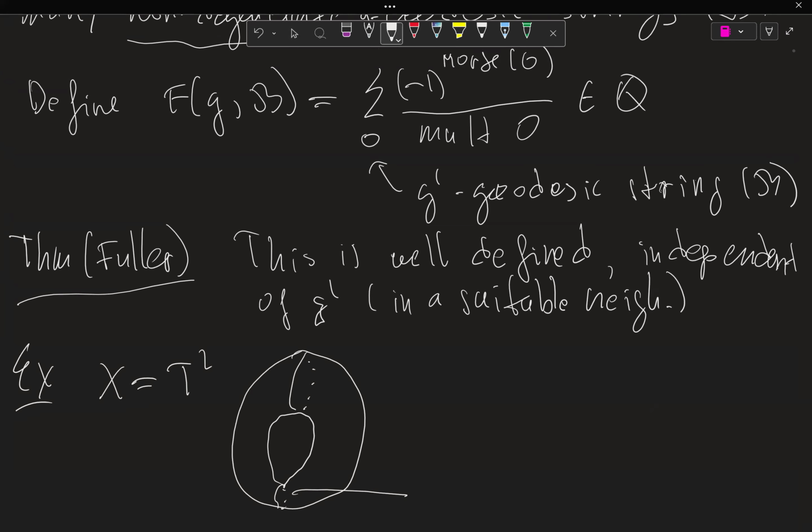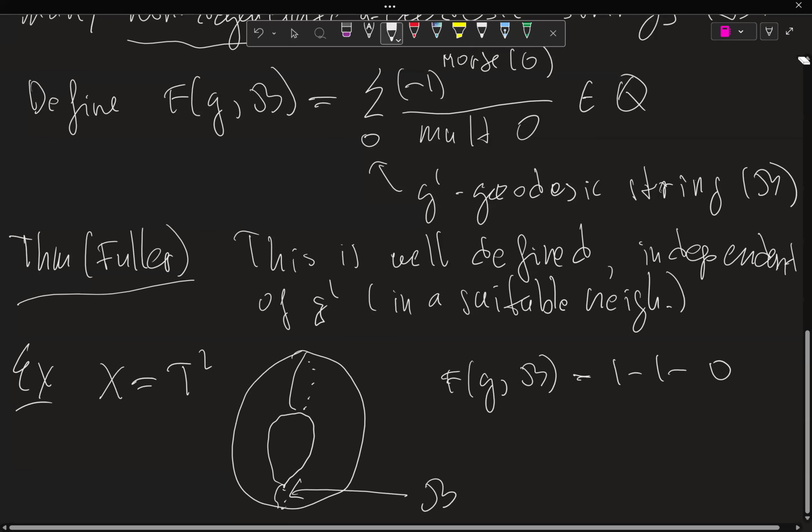This represents our class β. In this case, there are exactly two β-class geodesic strings, and this has Morse index 1, and this has Morse index 0. So you're going to have 1 minus 1 equals 0. Not particularly exciting.